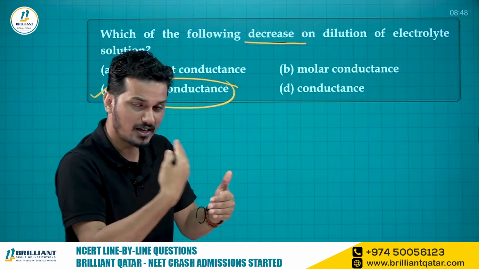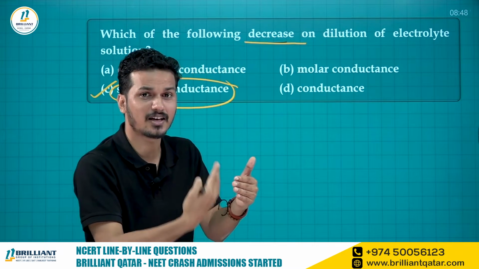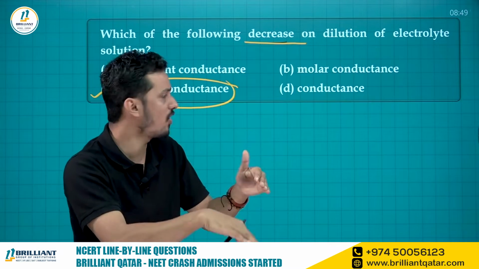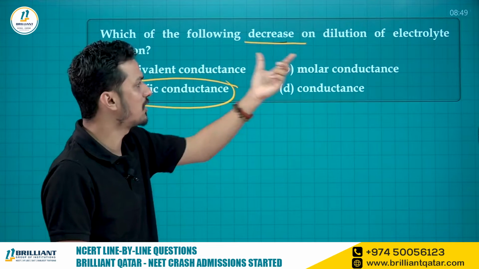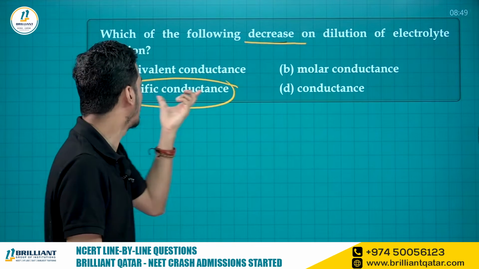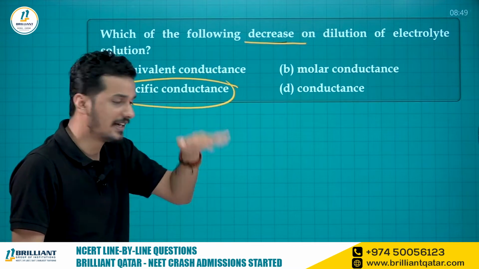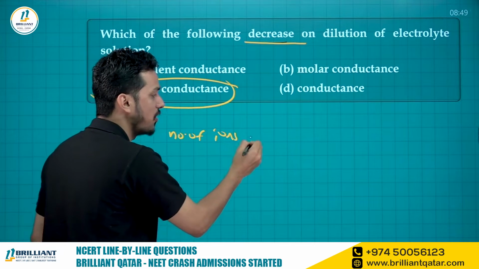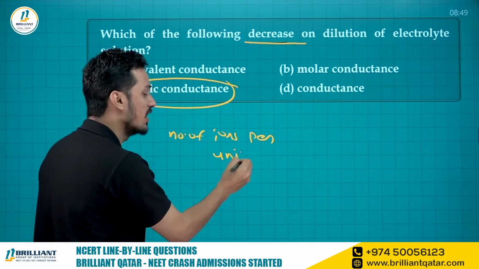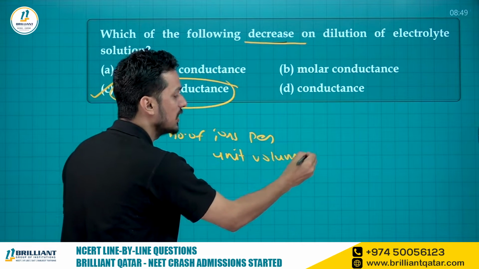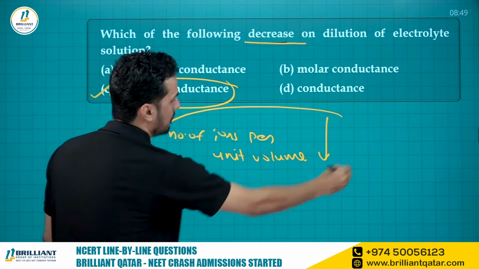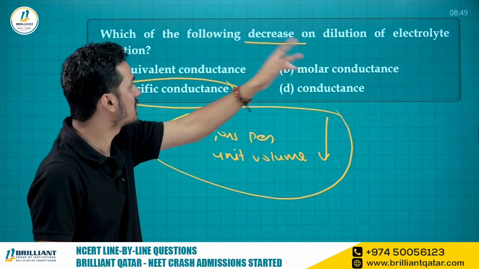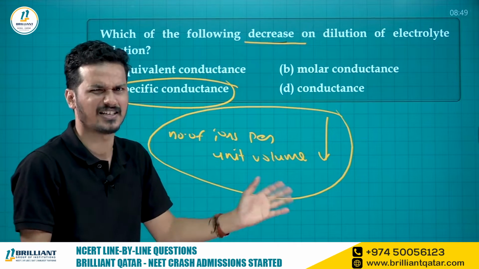While we are diluting, or decreasing the concentration, equivalent conductance as well as molar conductance will increase. Here specific conductance will decrease, because the number of ions per unit volume decreases automatically during dilution. That's it. I hope you know.